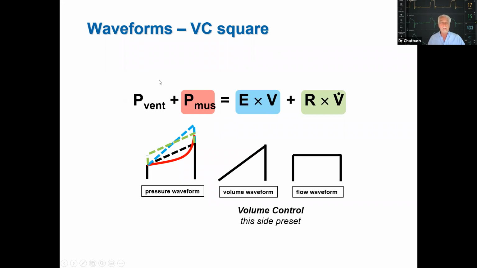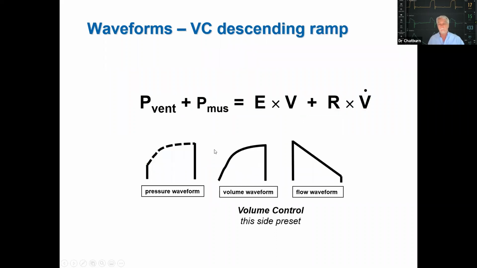And if the ventilator settings do not change, this pressure doesn't change. So if this pressure goes up, this pressure must go down, look scooped out, in order for the total pressure to remain constant. Now, if this is the first time you've heard that, you might have to think that through a little bit, but you can obviously see this at the bedside.